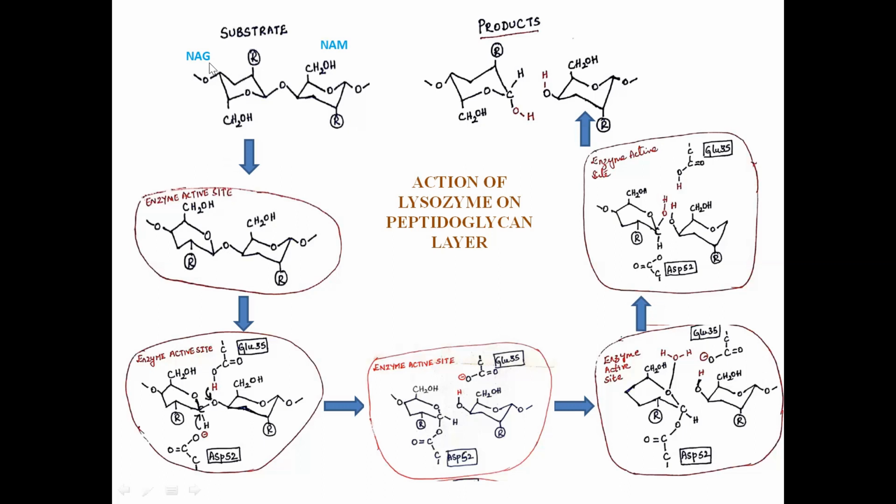As you can see here, the NAG has an R group here at the top, and NAM has the R group at the bottom. So when this fits into the active site of the enzyme, there is a strained conformation of the substrate.